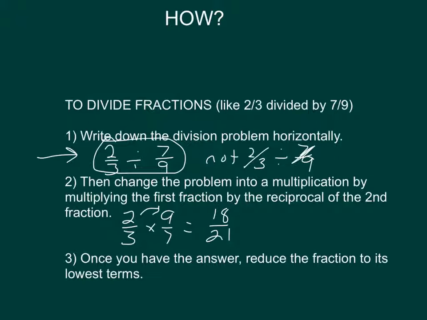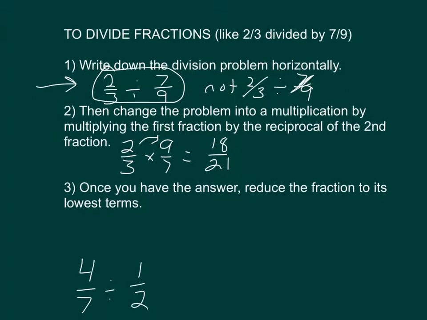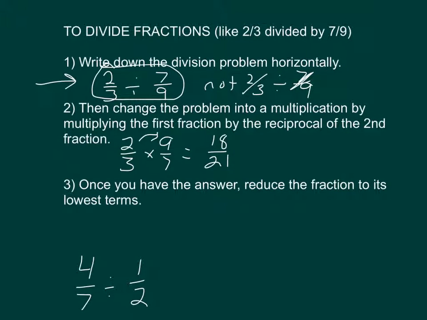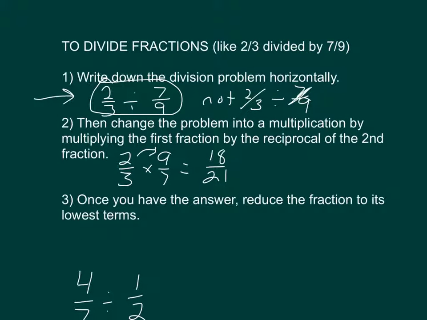And that's a correct answer, except it's not the way we're going to leave it, because step 3 says that once you have the answer, you need to reduce the fraction to its lowest terms. So we're going to take 18 over 21, and we're going to divide it by common factors until it's in lowest terms. 18 and 21 have a factor of 3, so I'm able to divide them both by 3. 18 divided by 3 is 6. 21 divided by 3 is 7.